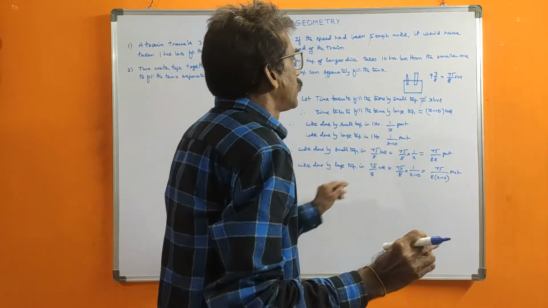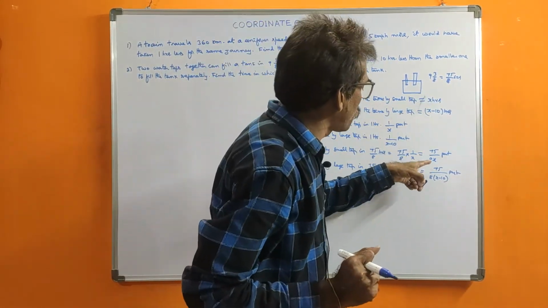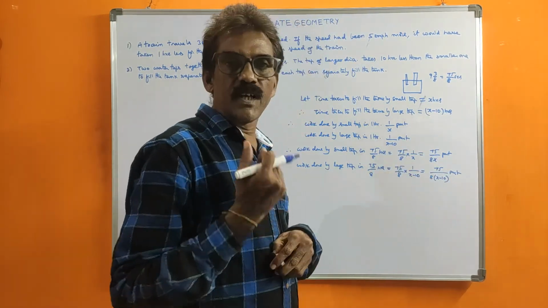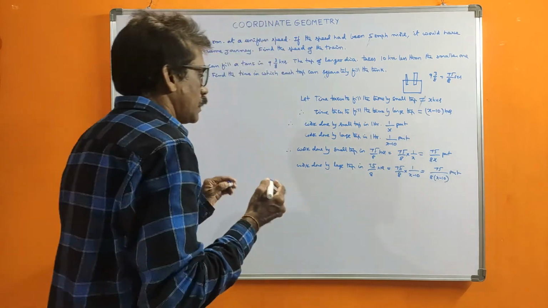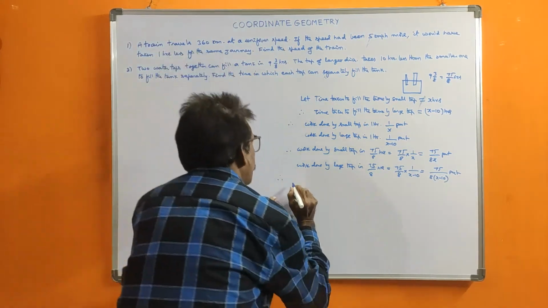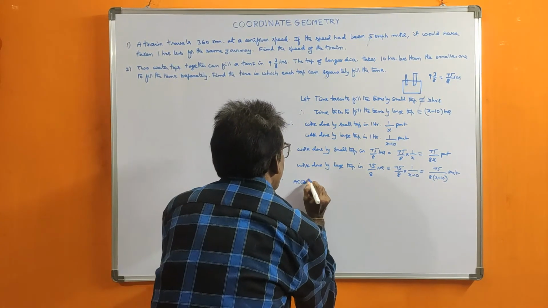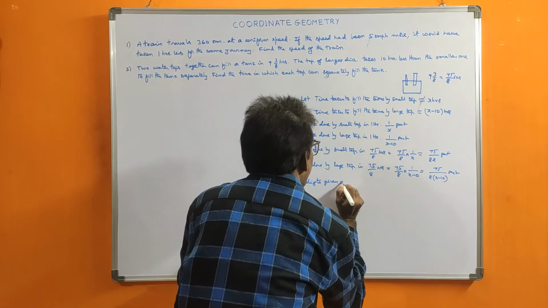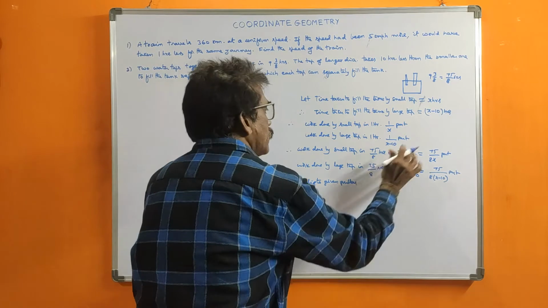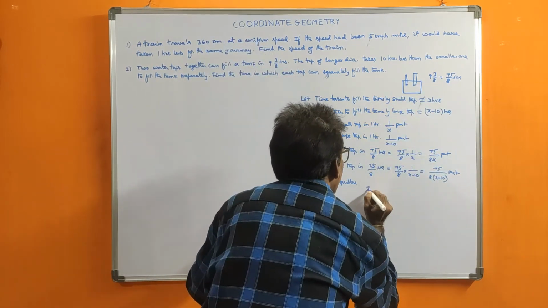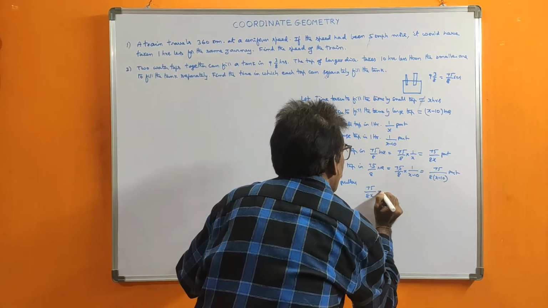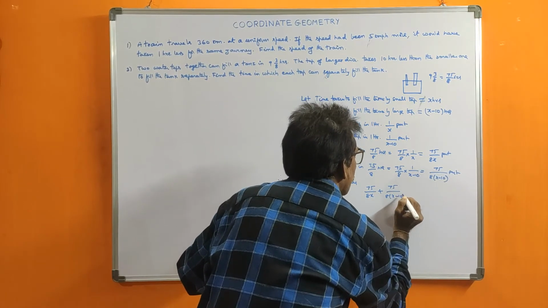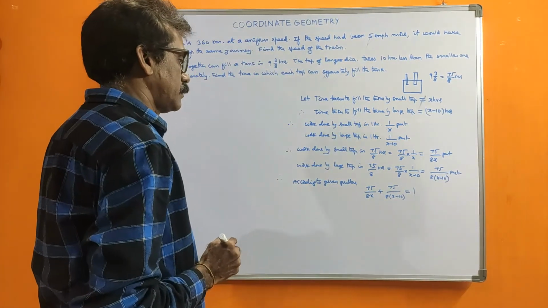Together they filled the tank, so one work is finished. According to the given problem, 75 by 8x plus 75 by 8 into x minus 10 equals 1.